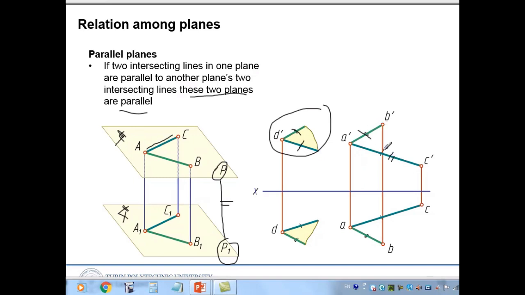So those two intersecting lines are parallel to the other plane's two intersecting lines. So then these planes are, not equal, they are parallel. In the projections also, those lines are parallel.